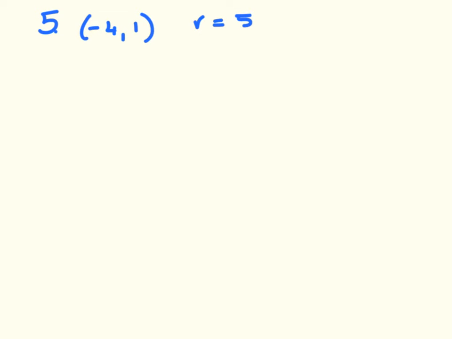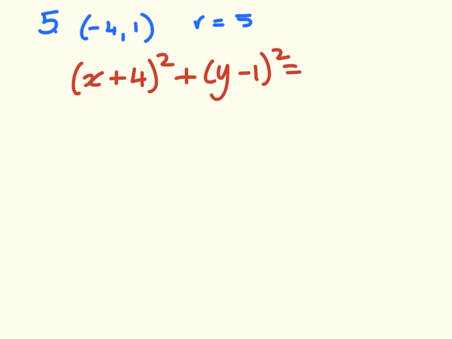Question 5, we have the circle, which is centre minus 1, 4. So that means the equation of the circle is x plus 1 squared plus y minus 4 squared equals 5 squared. And then you've got the straight line, which says y equals negative 2x add 10.